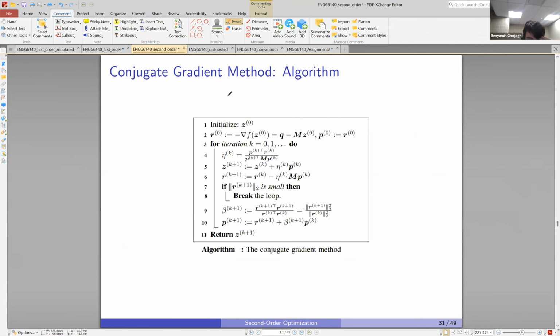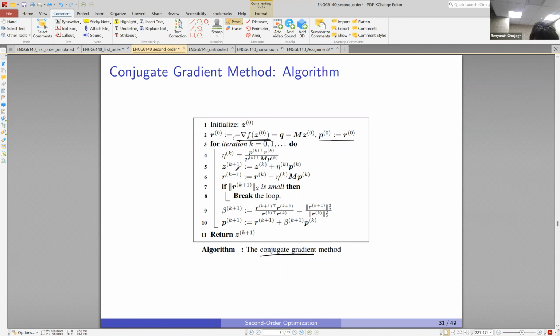This is the conjugate gradient method, and this is the algorithm. You can see here, this is the algorithm of conjugate gradient, which is called inside Newton's method for solving Mz equals q. How? We have Mz equals q as the input of this algorithm, and initially we use the minus gradient. In its initial step, it's just gradient descent.